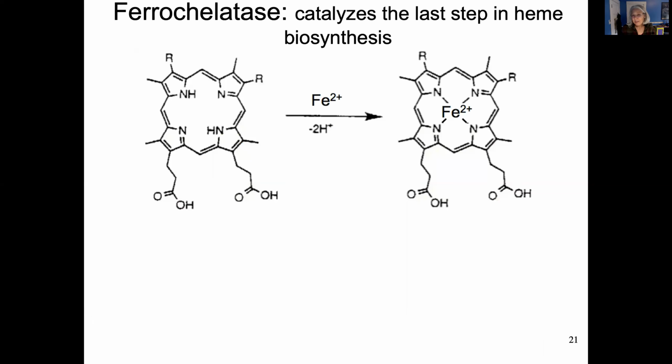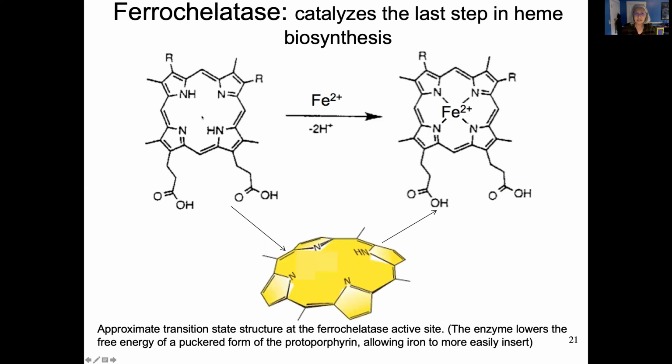And it was predicted by looking at this reaction that what had to happen was that this flat protoporphyrin molecule had to be puckered, had to be sort of bent outward so that the iron could fit in the middle, because otherwise it couldn't just fit in by itself. And what's shown in yellow here is the proposed structure of what that looks like, this puckering.